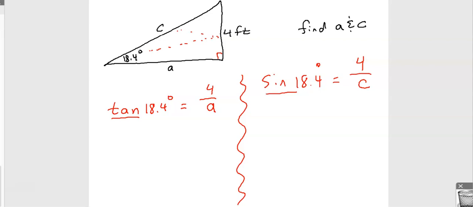To solve this, you multiply by A. So here you have A tan of 18.4 equals 4. Then to solve it, we divide by tan of 18.4.